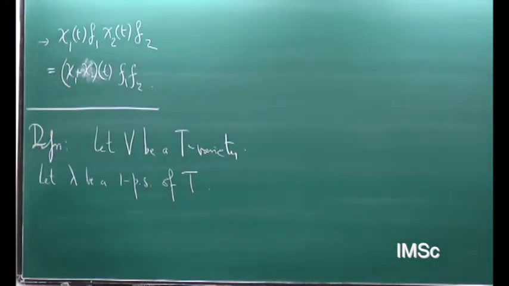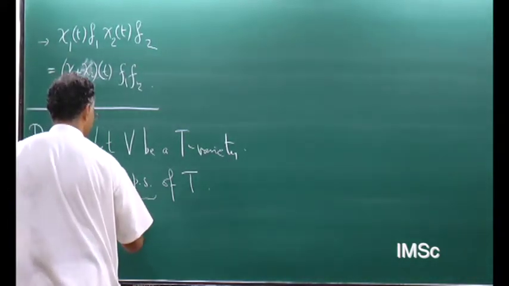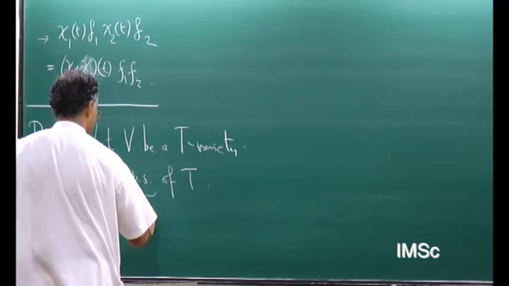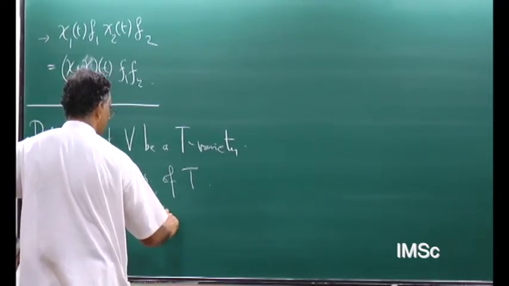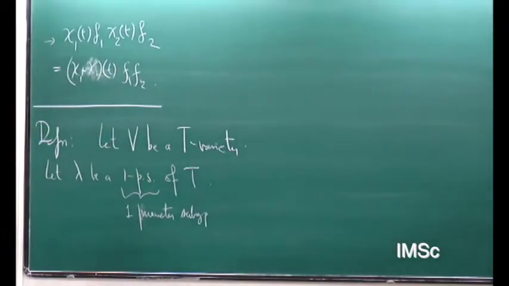So have we used that word yet? One parameter subgroup. This is nothing, no big deal. It's easy to define. I'll just define it. That's the terminology that is used, for example, in Lie groups. One parameter. All this means is you have a map.